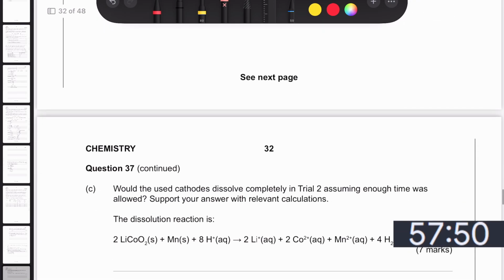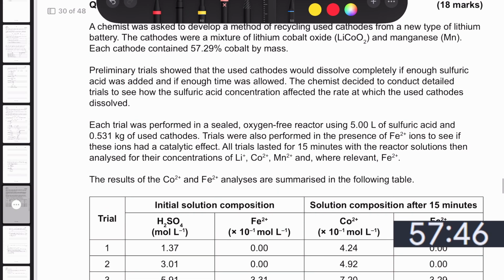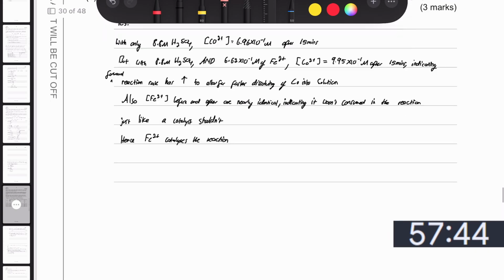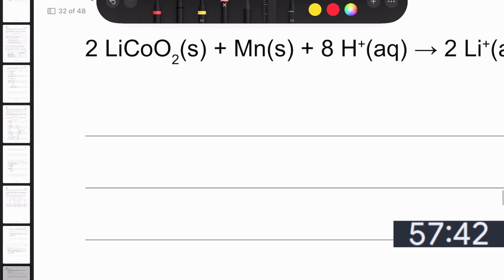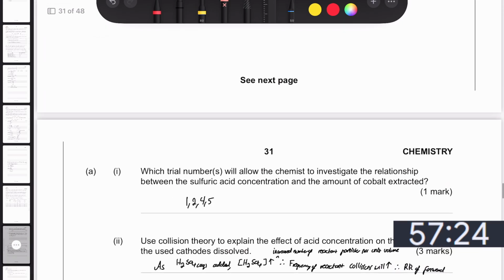So in trial number 2, my number of H+ is going to be double my number of H2SO4, which is going to be equal to, my god, the iPad is getting laggy now, 3.01 times 5, which I'm just getting from this table.